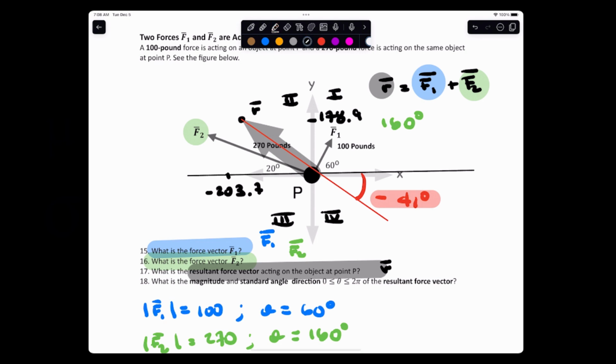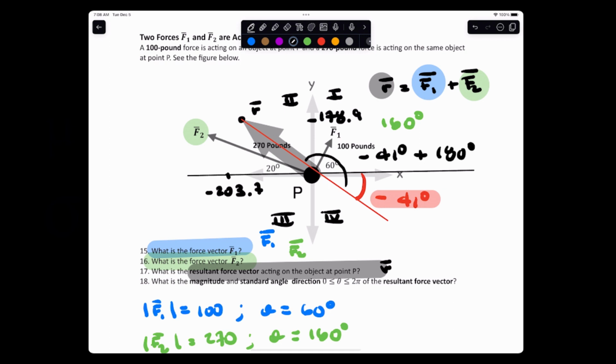The standard angle is over where? Here. How do you get that angle? It's 180. Good. Negative 141 plus 180.